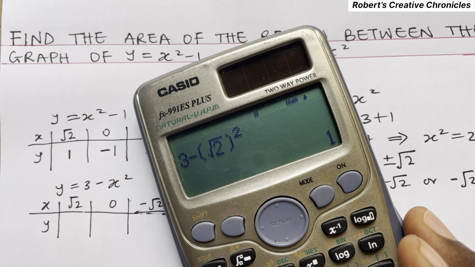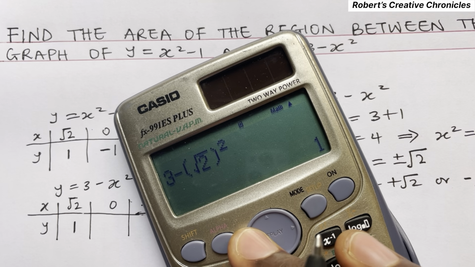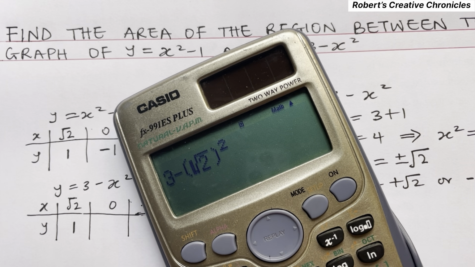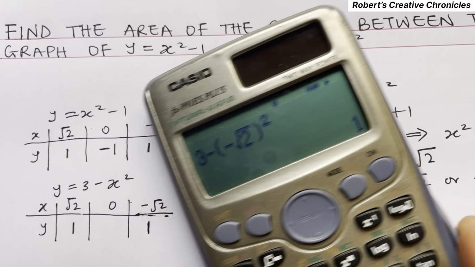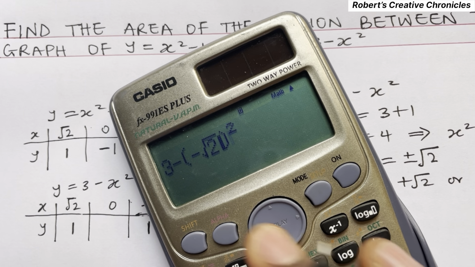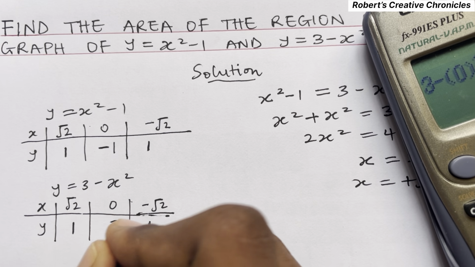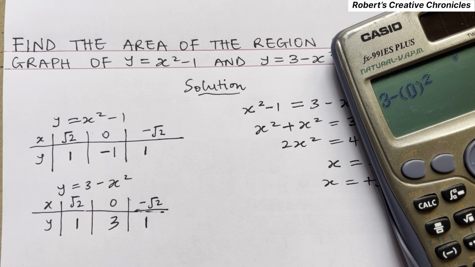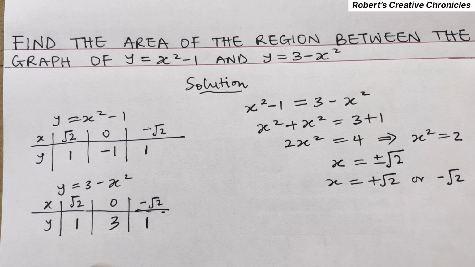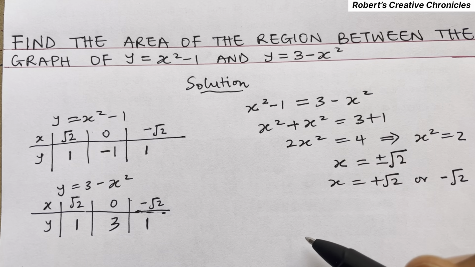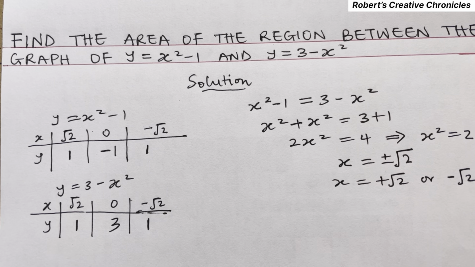This is 1. Then negative root 2 squared is the same one. Then 3 minus 0 is 3. So with these coordinates, we can draw the two curves to know the curve that is at the top, and to know the one that is at the bottom.